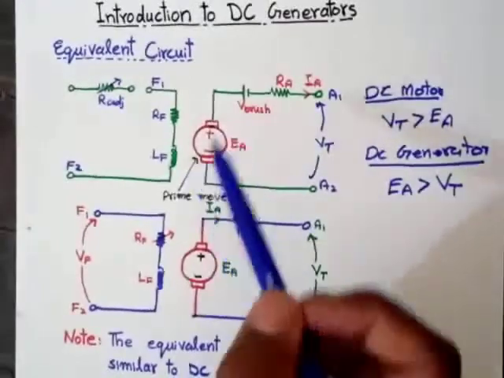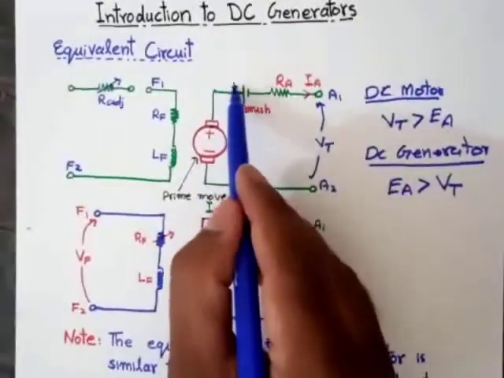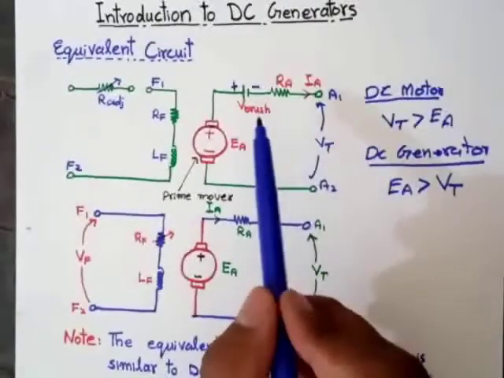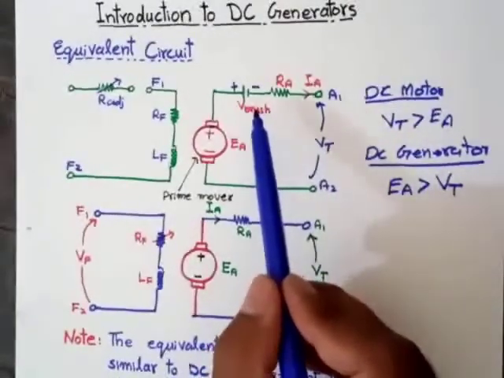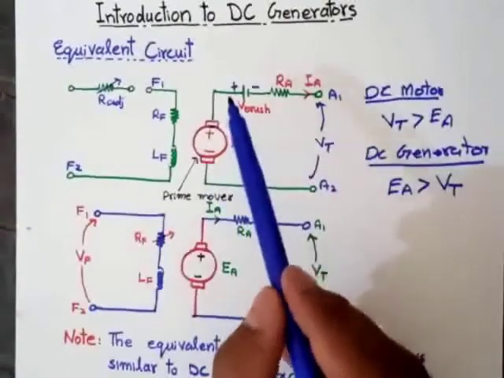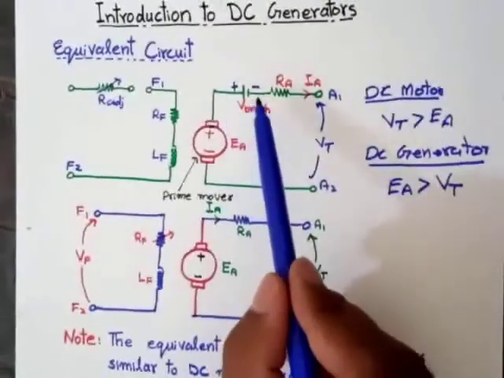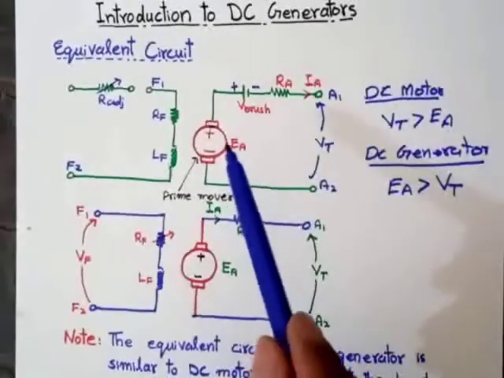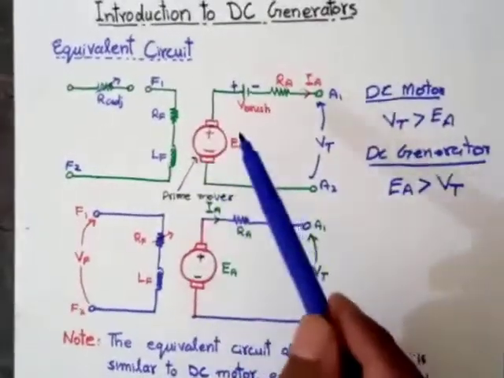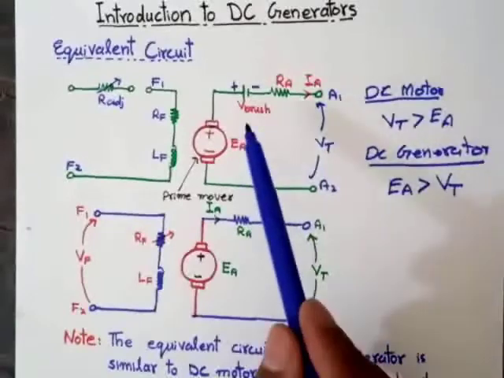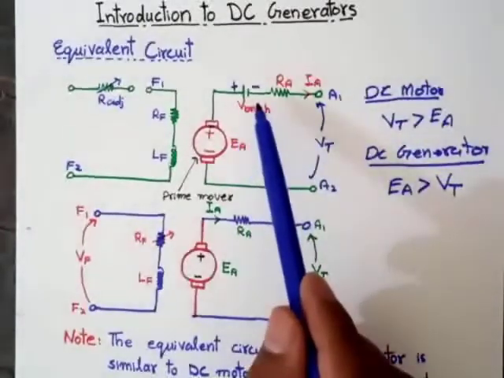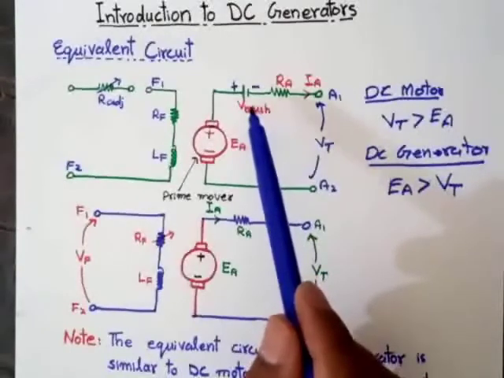That's why this point will be positive and this point will be negative, because brushes always oppose the voltage. As we have already discussed, the maximum voltage drop across the brushes is 2 volts. That's why the voltage across the brush we can neglect.